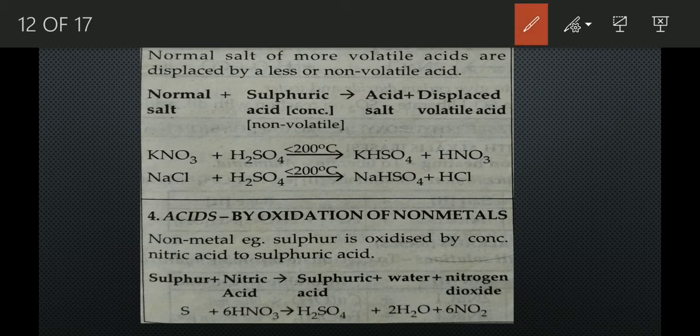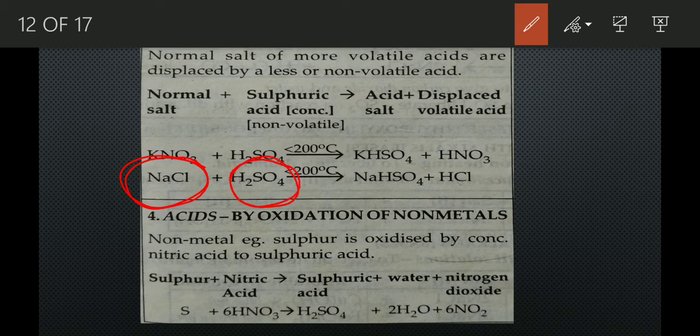See, a normal salt like potassium nitrate or sodium chloride. Let's take the example of sodium chloride. It's a very common salt, a normal salt. When a normal salt reacts with a non-volatile acid, like sulfuric acid, which is a non-volatile acid, then what will happen?